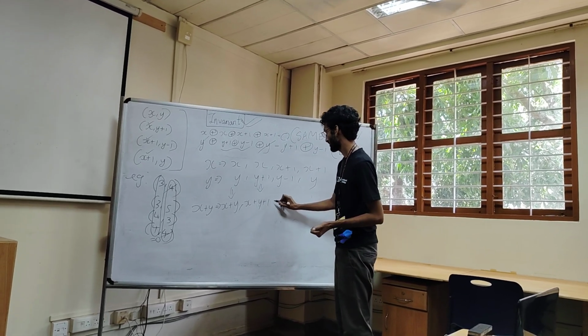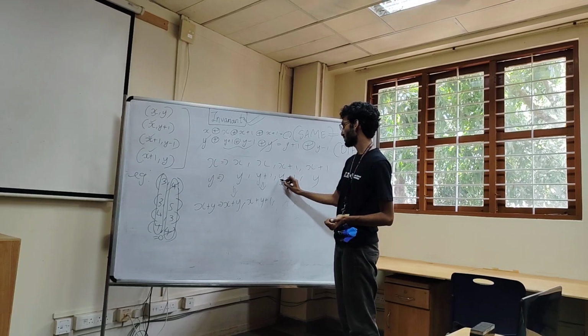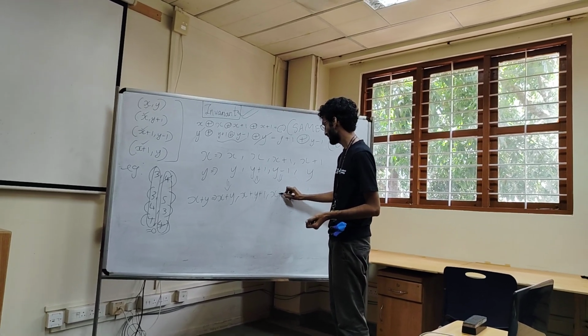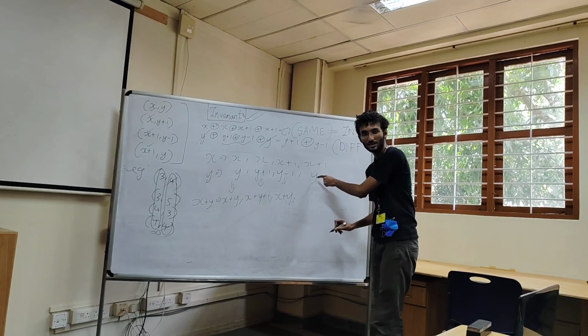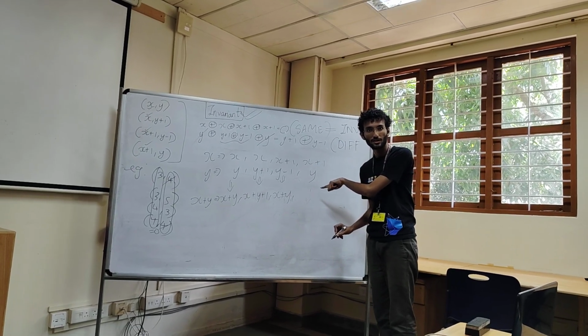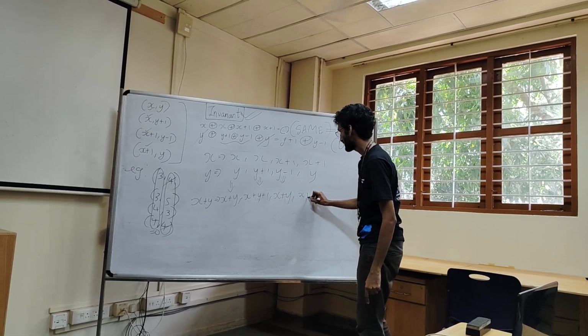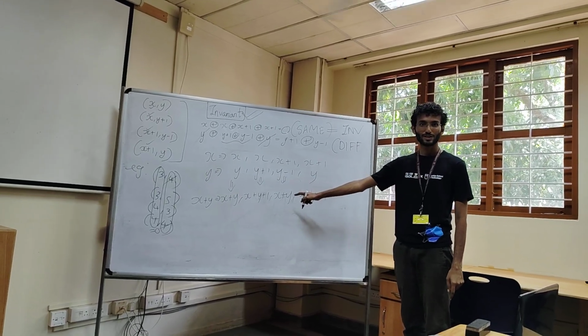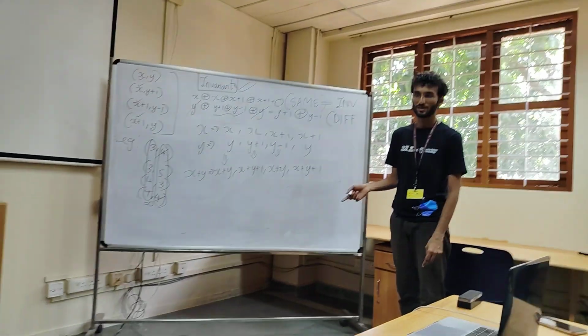Obviously. What is x plus 1 comma y minus 1? x plus y. Now see, what is x plus 1 and y? It is x plus y plus 1. Now do you see? x plus y and x plus y plus 1.